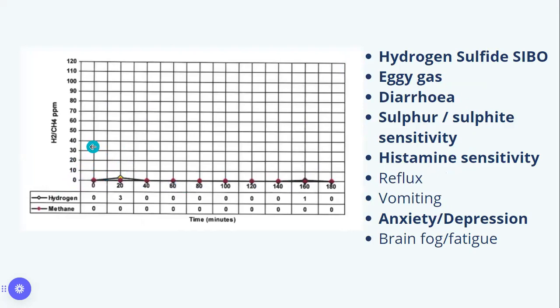And what is happening here is that the methane and the hydrogen have been siphoned off by the sulfur producing bacteria. So it's completely flat. You get a lot of really pungent eggy gas, diarrhea, histamine sensitivity, and this one's pretty nasty because it can cause depression and a lot of anxiety as well.